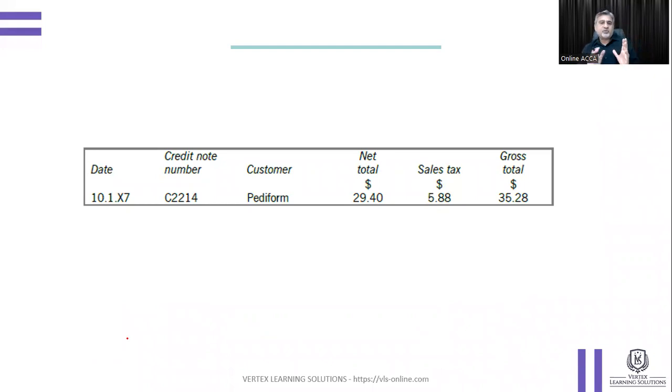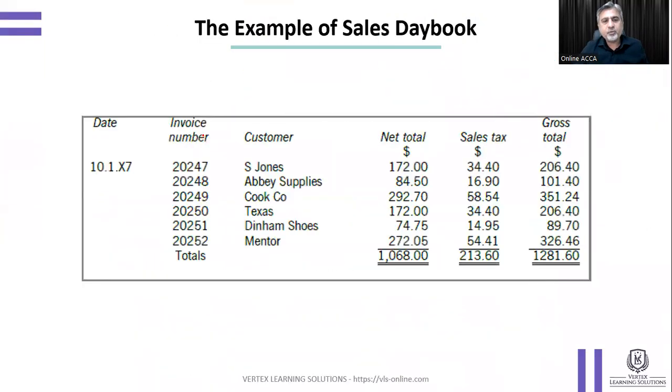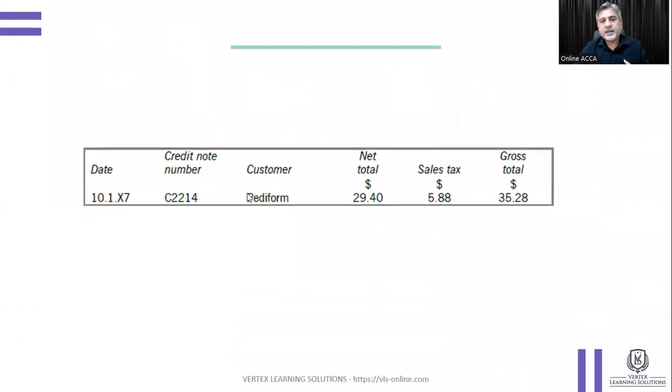Okay, so on one side, I'm selling goods and putting them in the sales day book. On the other side, some customers bring back goods and I record them. Previously, I was putting here invoice number. If you pay attention, I wrote invoice number when I'm selling goods. Now, when I'm getting back the goods from customers, I'm calling it credit note number.